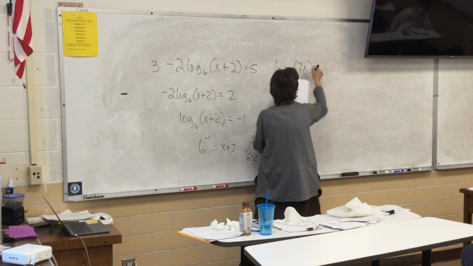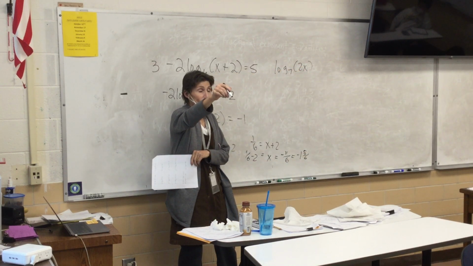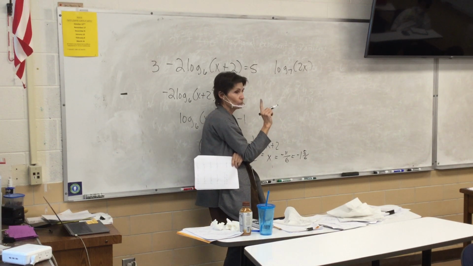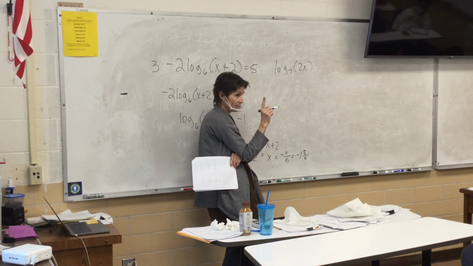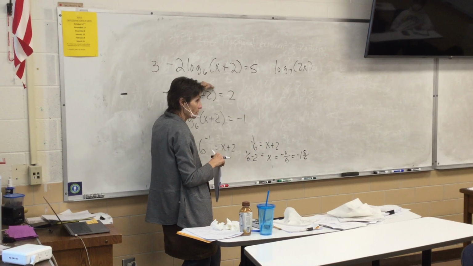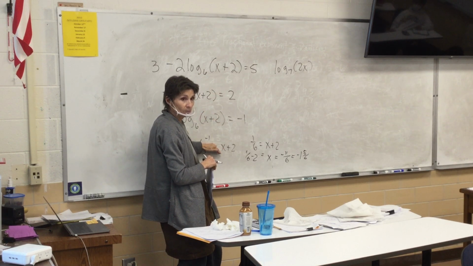There's a log on the other side of it. Exactly. Now, when there's a logarithm on both sides, you cannot loop-de-loo. We loop-de-loo when we have one logarithm in the whole problem.